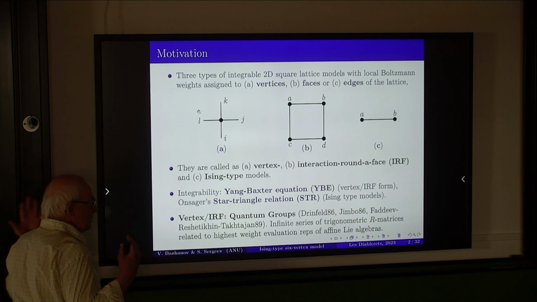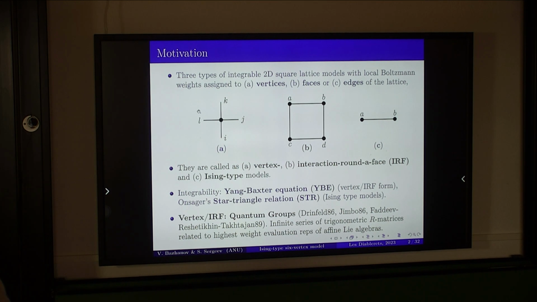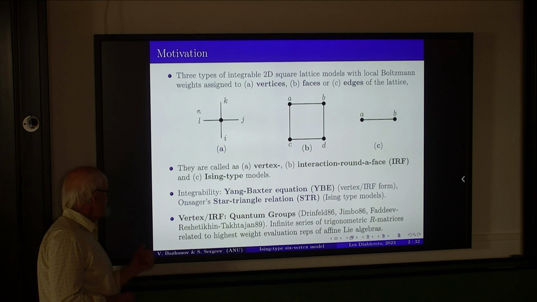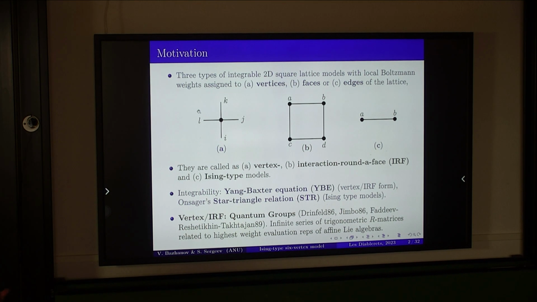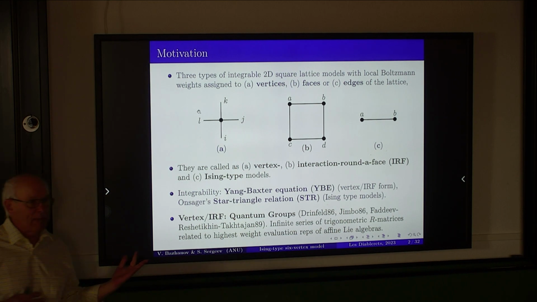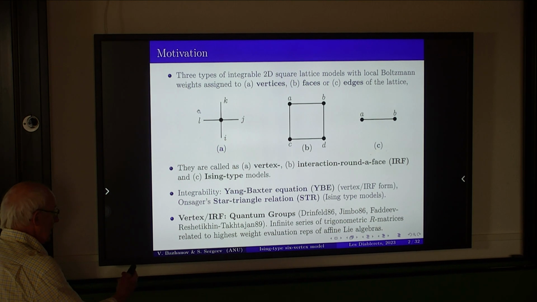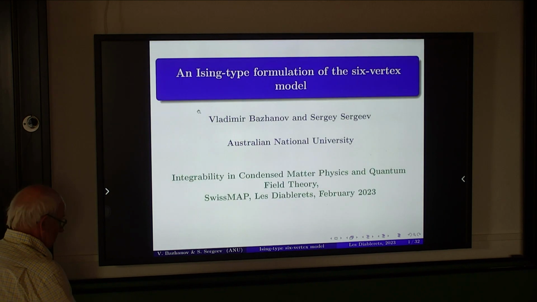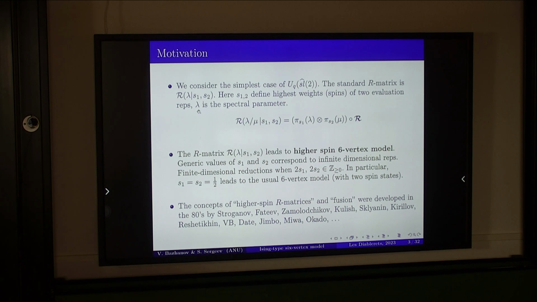We have a quantum group classification, which covers most of the known models. In particular, we know infinite series of trigonometric R matrices, which are related to evaluation representations of the affine algebra.